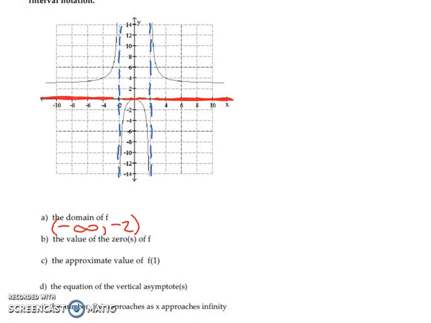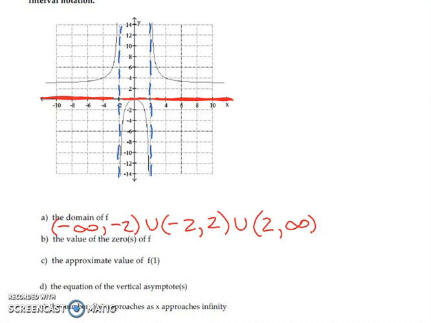Then, in union with, from negative 2 to 2, parentheses because of the asymptote, and another in union with, from 2, not including it because of the asymptote, to infinity. So there is my domain.